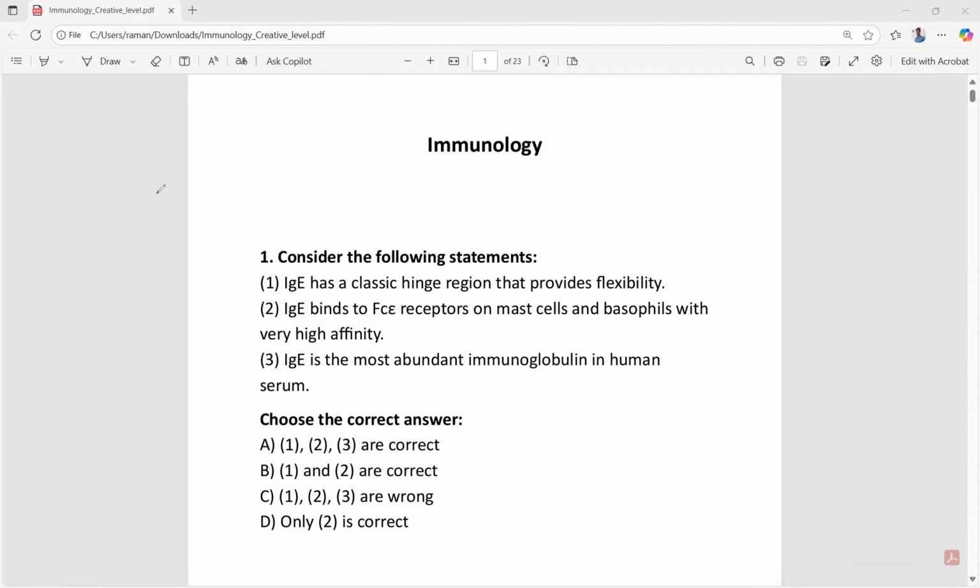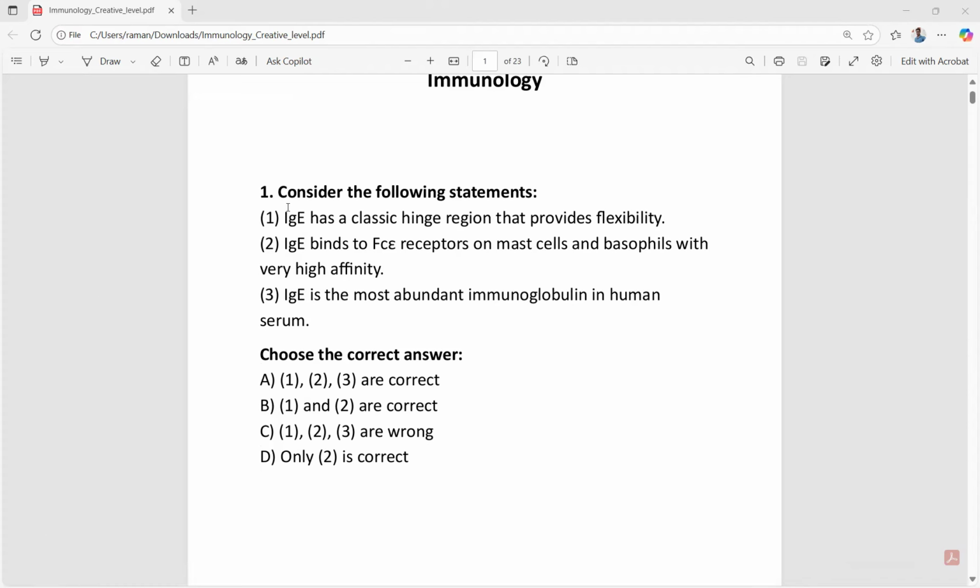Let's take a look at the first question. Consider the following statements. IgE has a classic hinge region that provides flexibility.